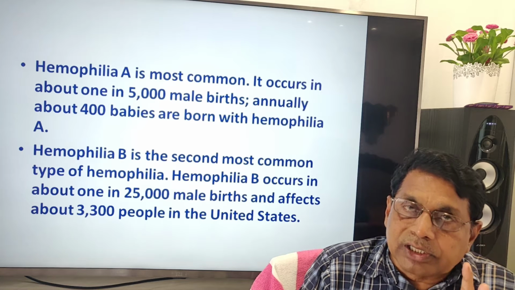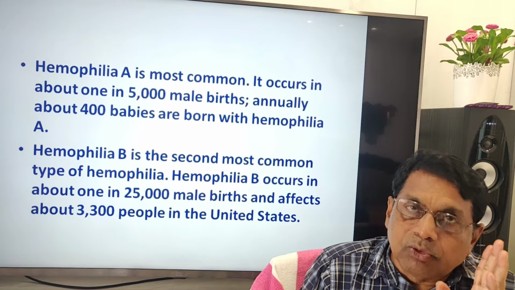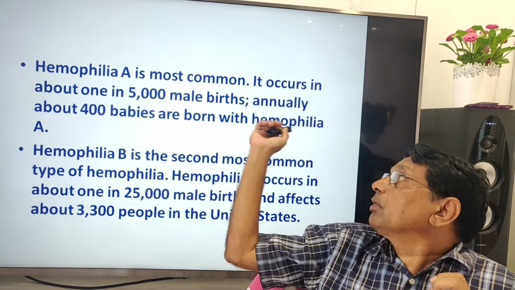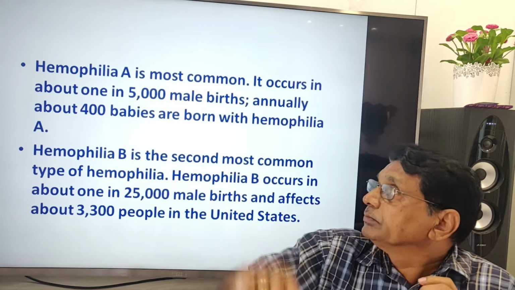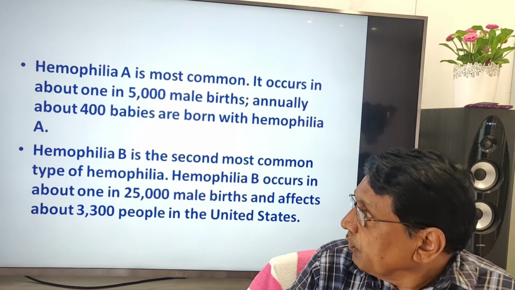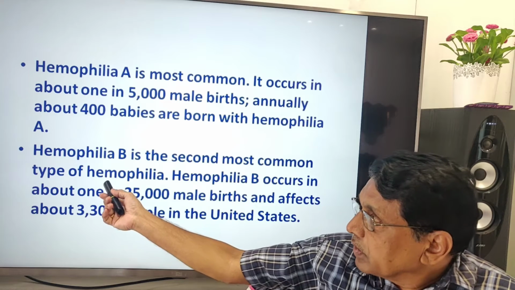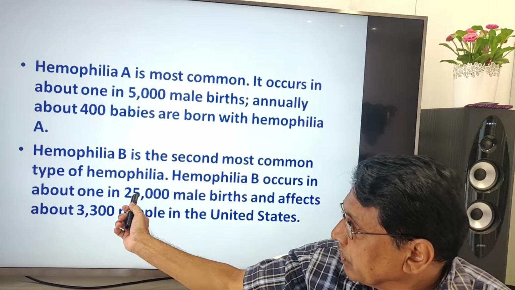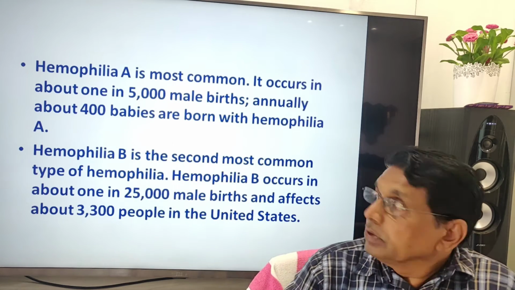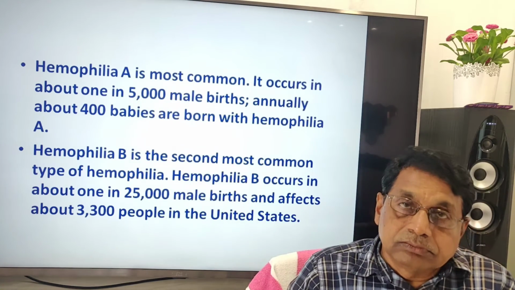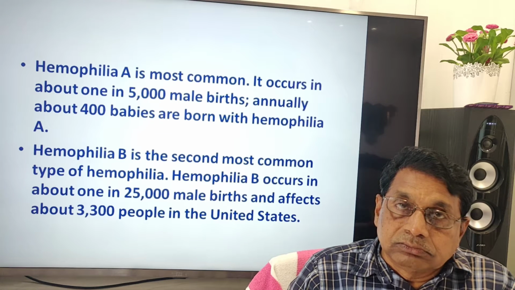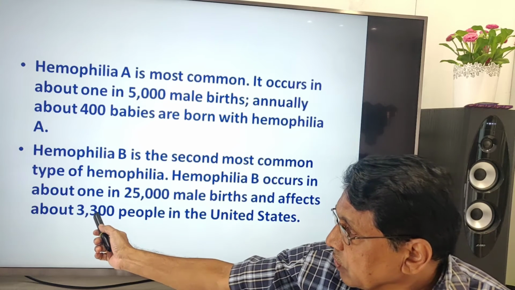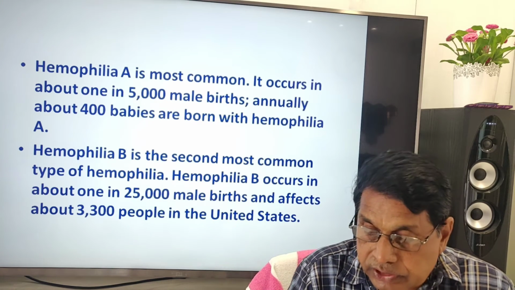Out of 5,000 children born, 1 will have Haemophilia A. Annually, about 400 babies are born with Haemophilia A. Haemophilia B is the second most common type of haemophilia. It occurs in about 1 in 25,000 male births and affects 3,300 people in the United States.